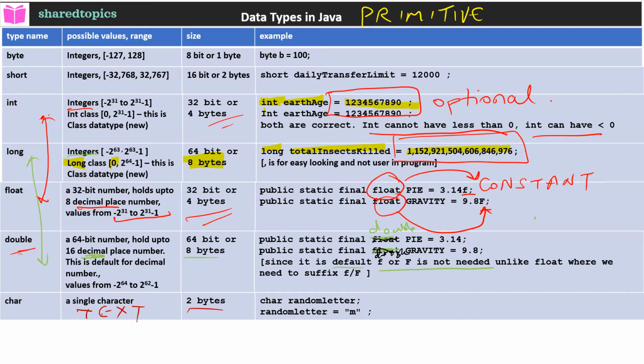So with 2 bytes, you can declare only one character. I'll put it in single quote. It's supposed to be in single quote.